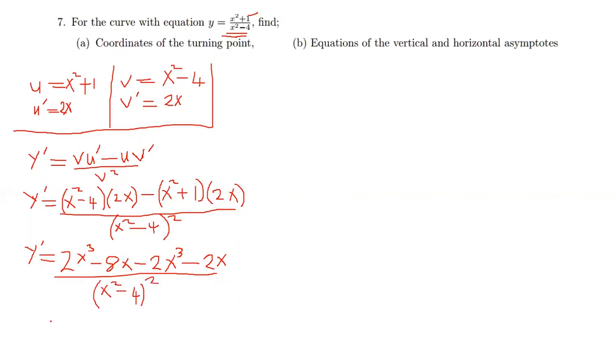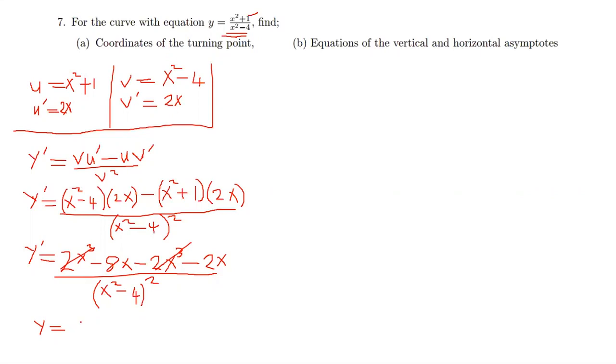So this can also be further simplified to, so our y prime can also be written as, we pair the like terms, 2x cubed minus 3x cubed. We know that this is going to be a 0 when we add them. So we're just remaining with negative 8 and negative 2 there.